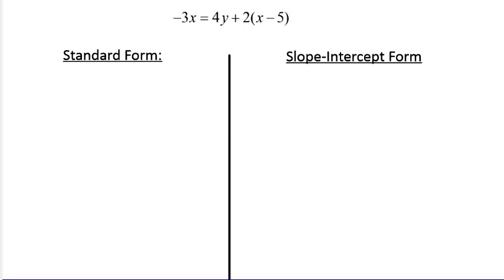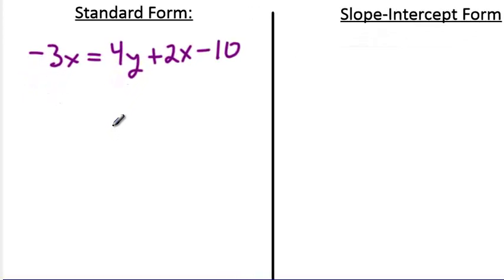All right, so let's do another one that's the same. Okay, so this one I'm going to distribute on the right. So I have -3x, that equals 4y plus 2x minus 10. Now the other thing I want to do, this one says standard form. So I want to get the x term from this side over and combine it with these. And then I want the y term on the left side as well. So I'm going to do two steps in one. I'm going to subtract 4y from both sides and 2x from both sides at the same time.